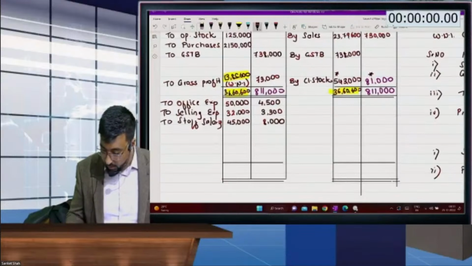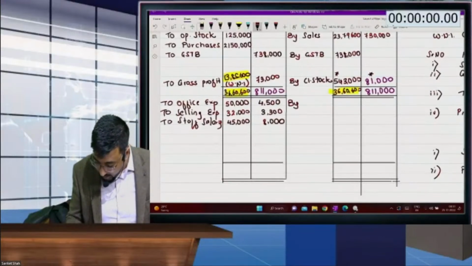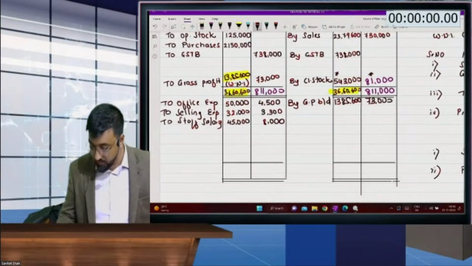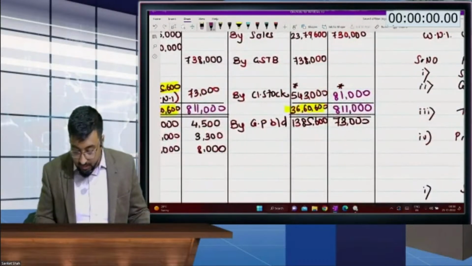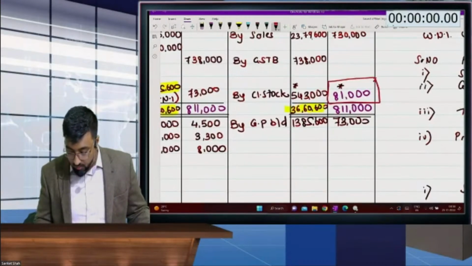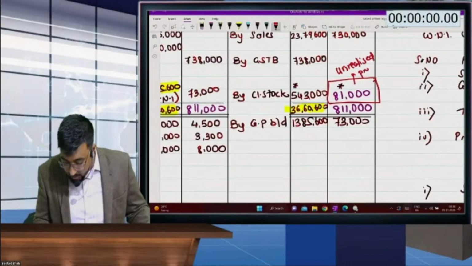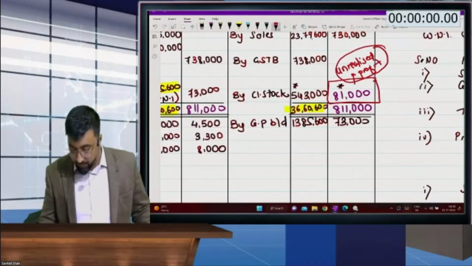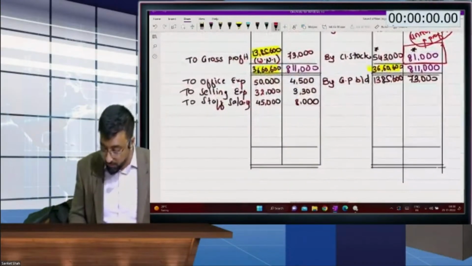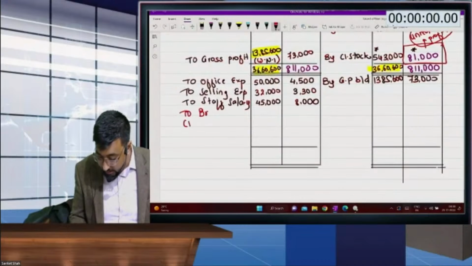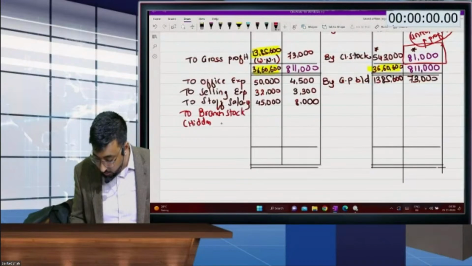Now, very, very important point. By GP brought down 13,85,600 and 73,000. But this 81,000 is a Sun stock. It includes unrealized profit. And who will cancel this unrealized profit? Yes, this is hidden adjustment, to branch stock reserve.